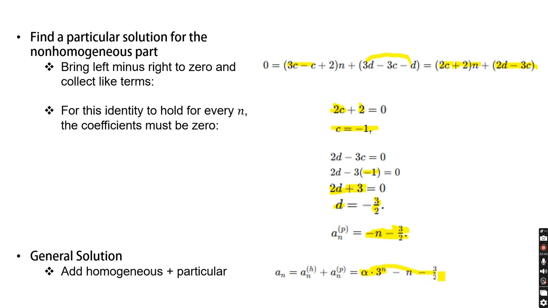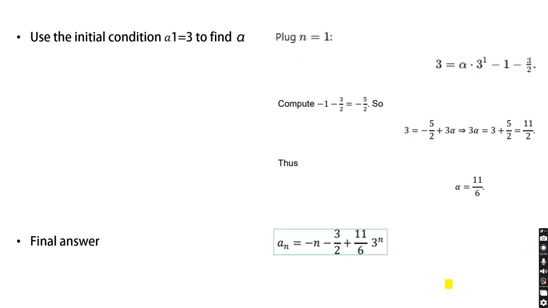So we have A times 3^n minus n minus 3 over 2. And then we will use the initial condition given, which is a_1 is equal to 3, to find A. So, we will plug in n is equal to 1.